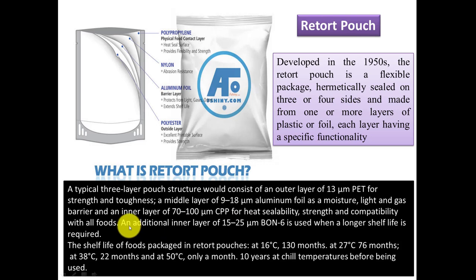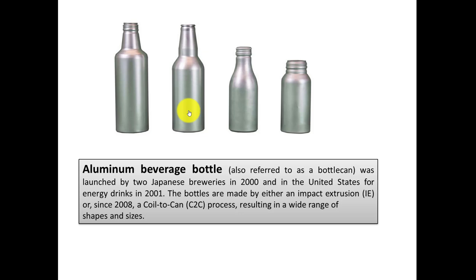I was in a hurry actually. Additional inner layers can be added, which extend the shelf life. Ultimately, you need not go into those details. The thing is that the retort pouch is a composite material in which you can use aluminium foil, and the purpose of using aluminium foil here is to save the product from light, gas and odor.